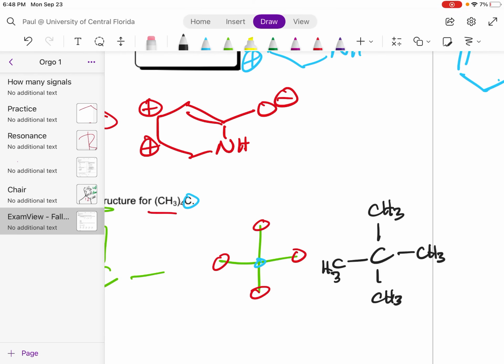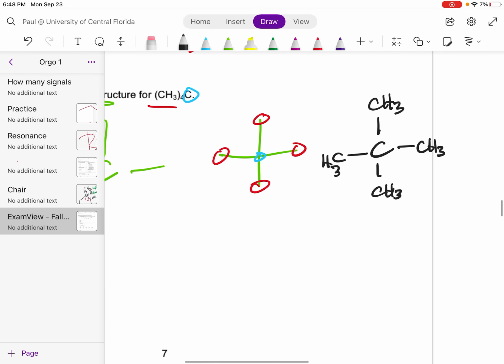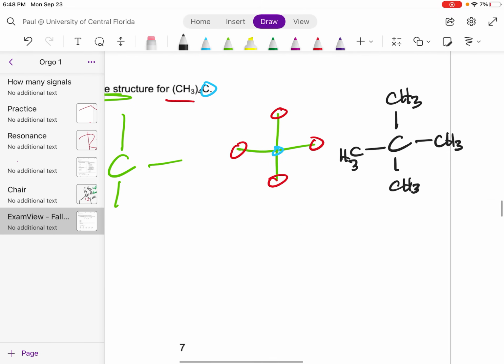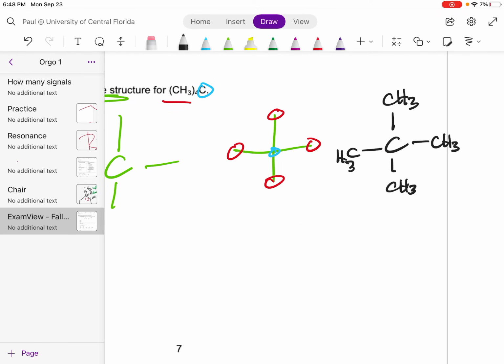Now, this is a bond line, so that would have to be a zigzag, would it not? Yeah. So what I would do is I see that there's 1, 2, 3 carbons in a row.